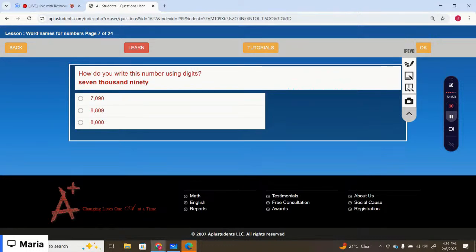How do you write this number using digits? 7090. Option number 1 is the correct option.